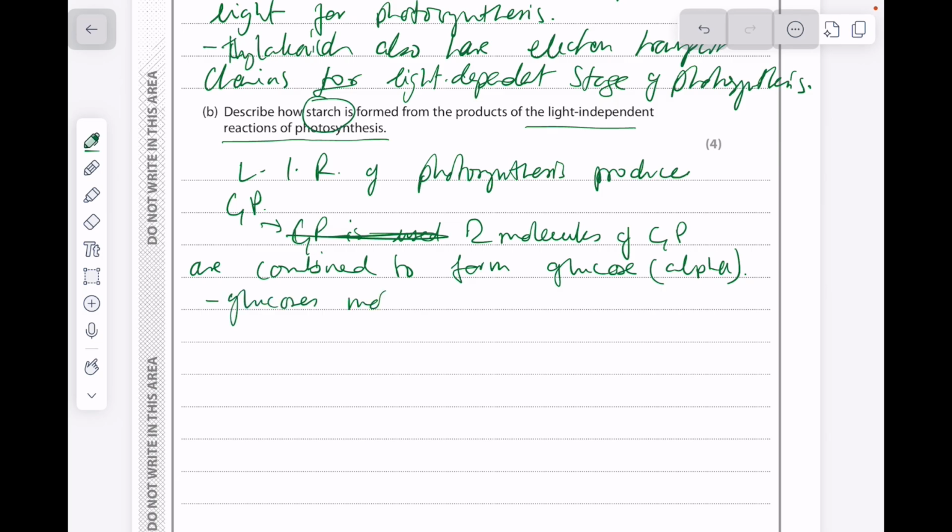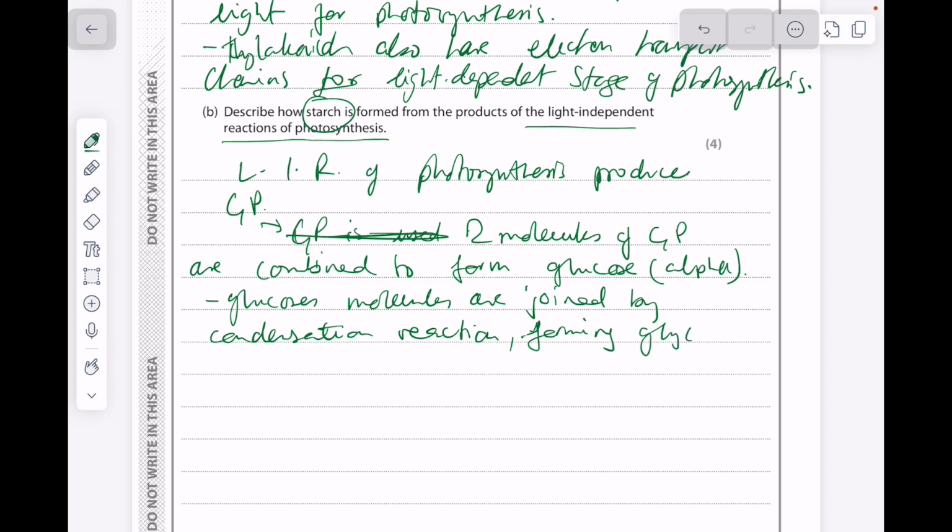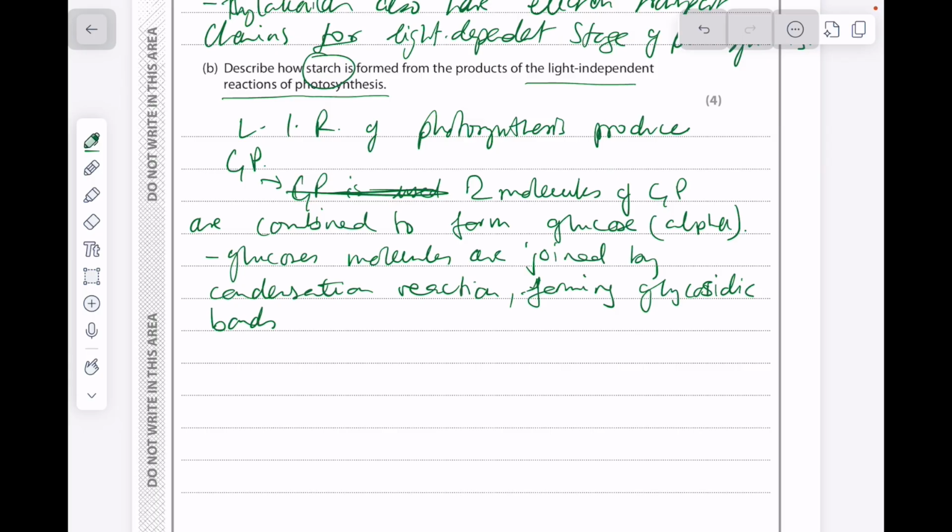Glucose molecules are joined by condensation reaction forming glycosidic bonds, okay, let's say to make a polymer or polysaccharide.